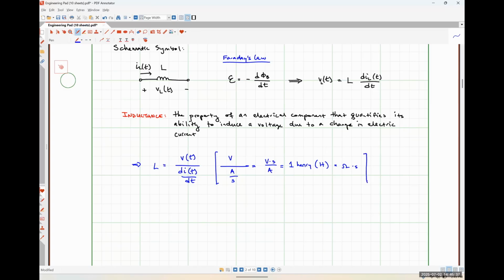All right. So that is our unit of inductance broken down into its base units. So before I move on from here and we start discussing our relationships for the inductor, does anybody have any questions?